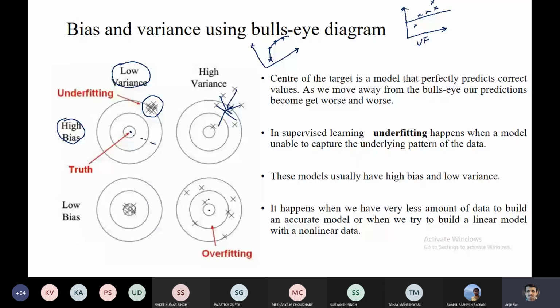That means we understand the data well, but the variance of this curve is very high.